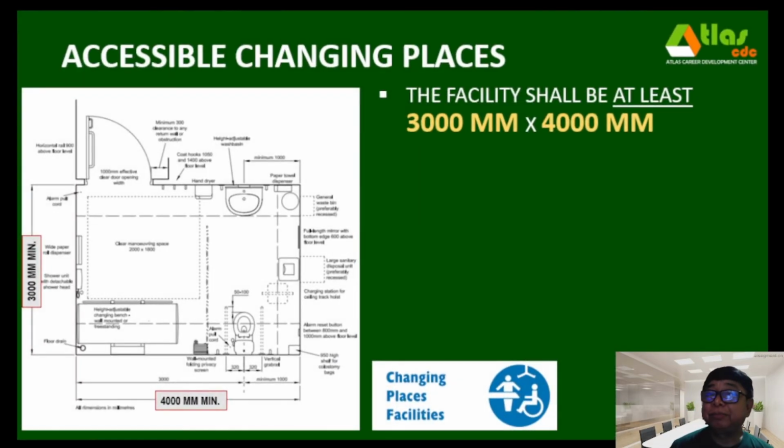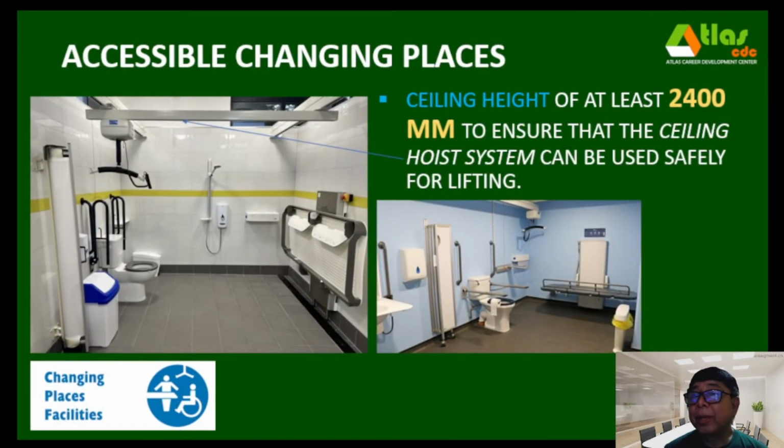The facility shall be at least 3 meters by 4 meters minimum. And a ceiling height should be at least 2.4 meters to ensure that the ceiling hoist system, this one, can be used safely for lifting.